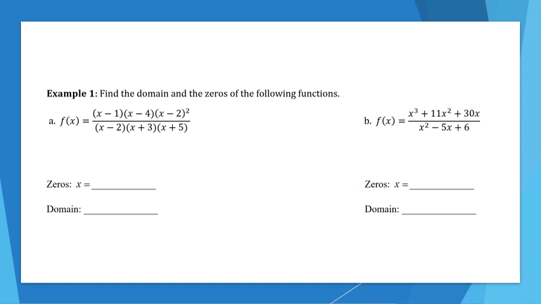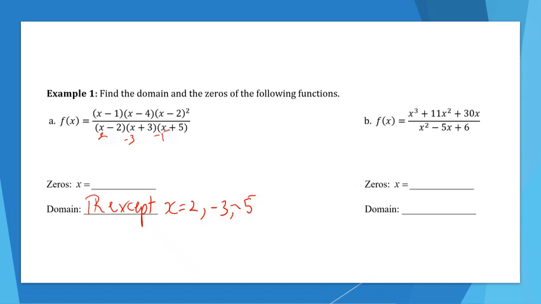If we take a look here, let's work on our domain first. Our domain is going to be all real numbers except x equals 2. Where else is the denominator equal to 0? x equals negative 3 and x equals negative 5. So that's our domain.